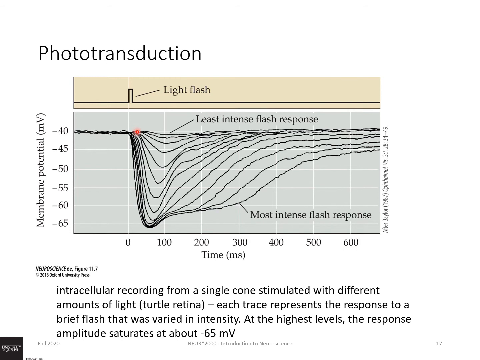And if you add light, it kind of dose dependently hyperpolarizes the membrane. So they did this in a turtle retina, and at varying intensities of light, you get various degrees of hyperpolarization. So the least intense flash response doesn't really hyperpolarize the cell very much. The most intense flash of light hyperpolarizes the cell to about -65.